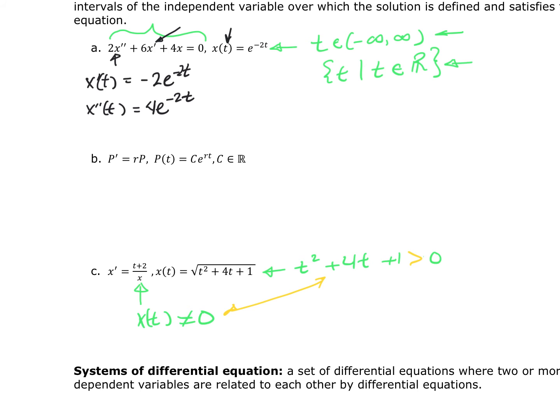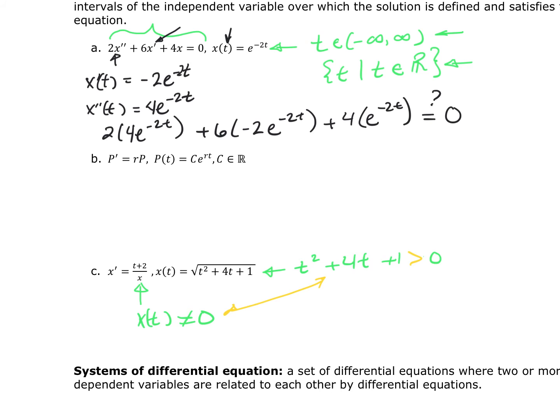Now what I'm going to do is put in all of these values in here. And so I have 2 multiplied by 4 e to the negative 2t plus 6 multiplied by negative 2 e to the negative 2t plus 4 multiplied by my original function. My original function was e to the negative 2t. And I'm trying to decide, does this thing equal 0 or not?